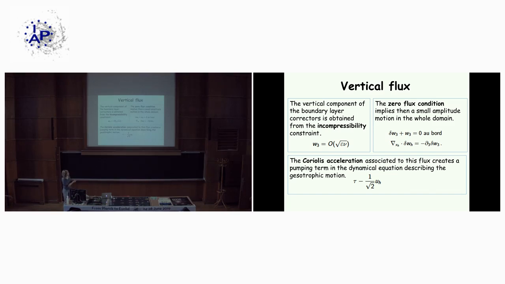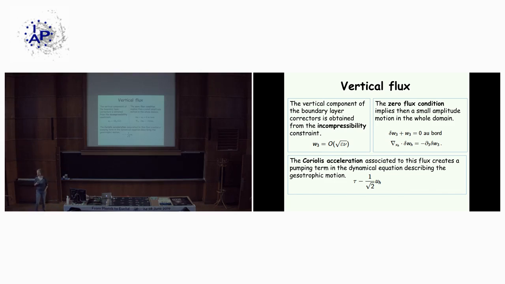So if you just look at the effect of the bottom, you have this Dirichlet condition, so that U is equal to 0 on the bottom. And if you write now the equation on the 2D field, so this averaged quantity, what you get is the equation d_t U_H equals minus 1 over square root of 2, so the 2 is not really important, times U_H. So this effect is really a friction, and it will really remove some energy from the fluid.